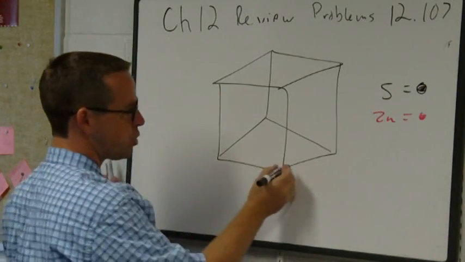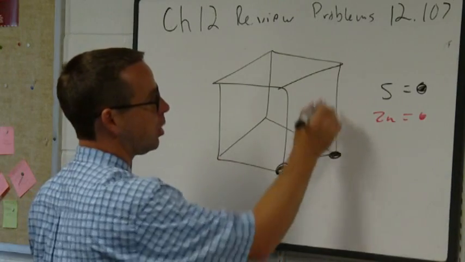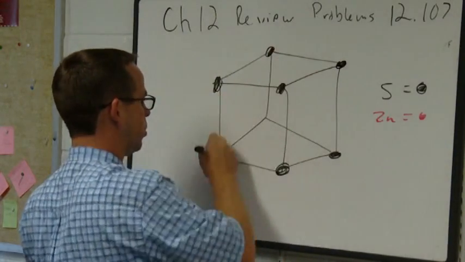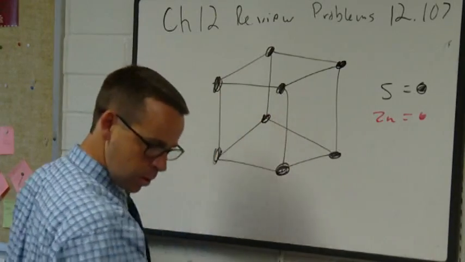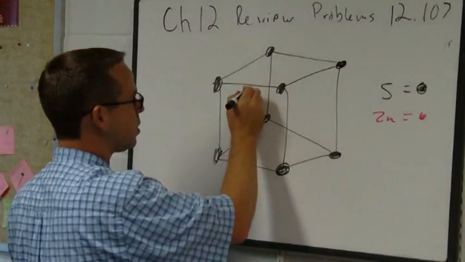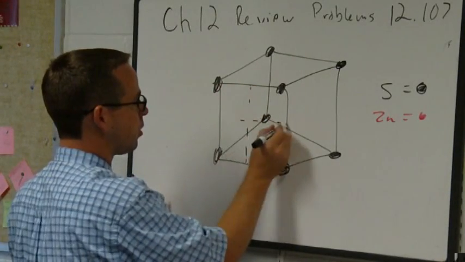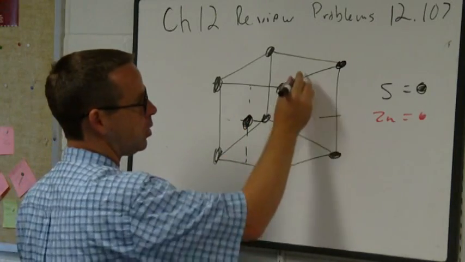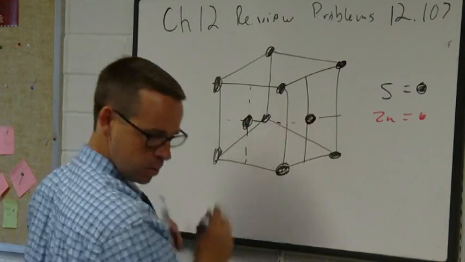Okay, so we have a sulfide here, here, at every corner, right? Sulfide at every corner, and one on this face. So if I cut this front face in half, there's an atom here. There's one on this face here.